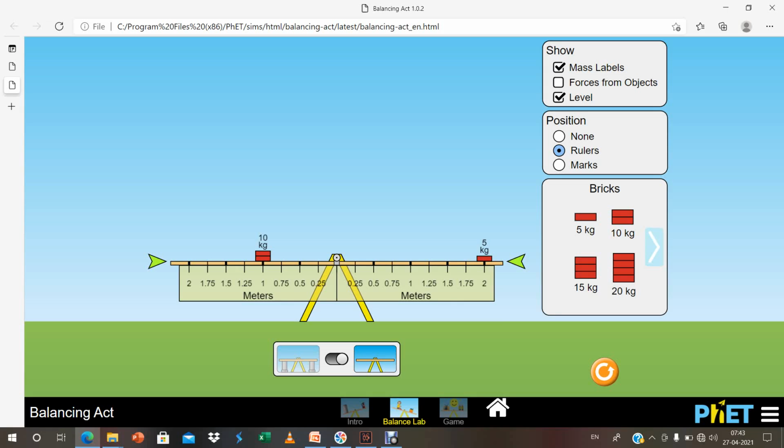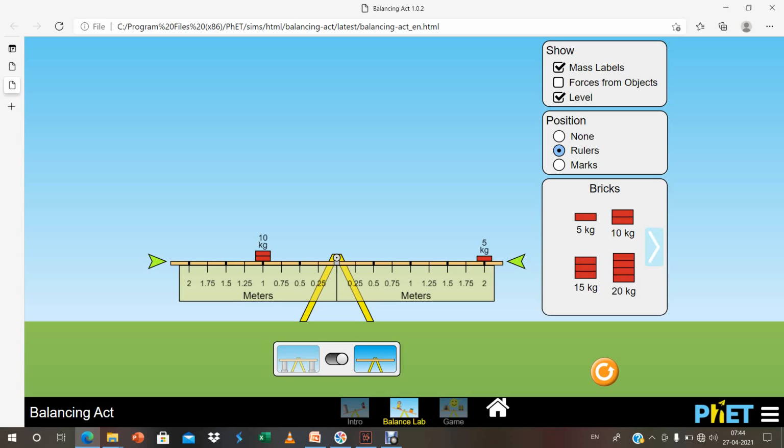Let us calculate now. This 5 kg of mass exerts a force of 5 times 10, where 10 is the acceleration due to gravity. So it exerts a force of 50 Newton. And here the 10 kg applies a force of 100 Newton, 10 times 10, 100. Now, what is the total turning effect produced towards the clockwise direction?